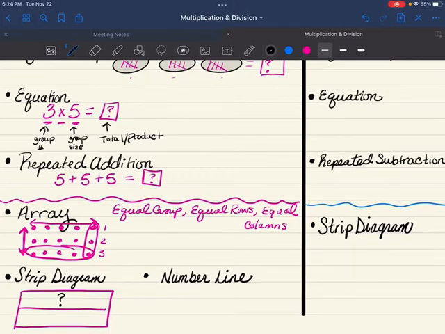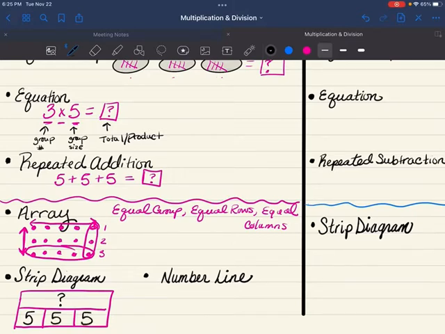Now, if we think about our equation, 3 groups of 5, then I know I need to split this bottom section into 3 groups. So there's my 3 groups, 1, 2, 3. And then inside, I need to put 5 cupcakes in each one.